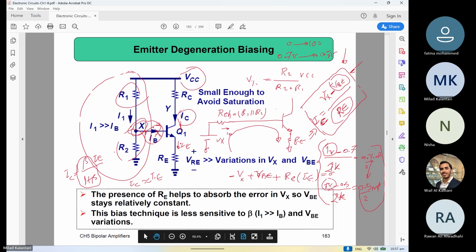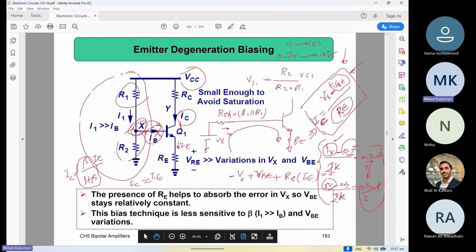Exactly. That's true, right? In fact, in this equation, the other control knob you have is this 1 volt, right? If you increase the 1 volt high enough, then because this current is basically this voltage minus this variable voltage, if this voltage is high and you subtract something from it, it doesn't change the final value that much.